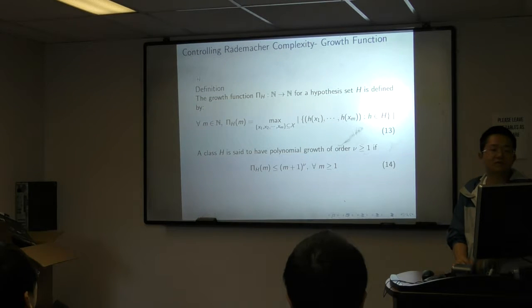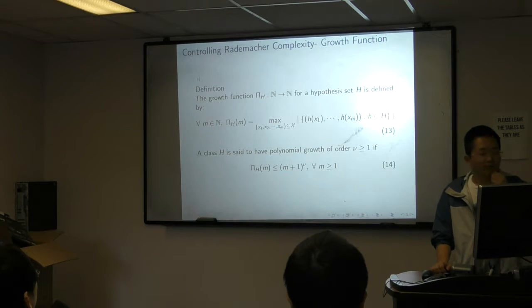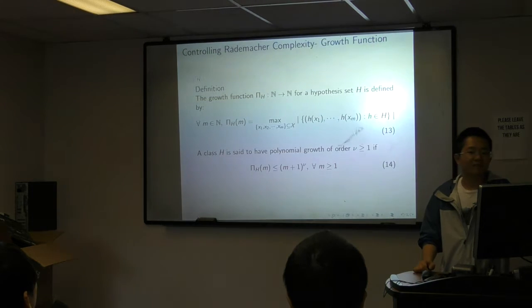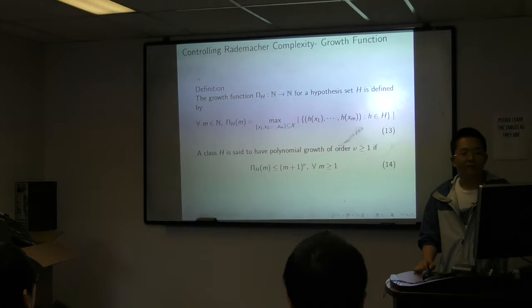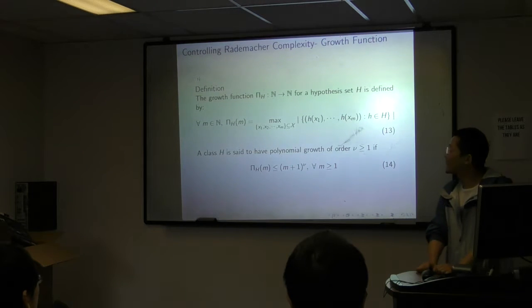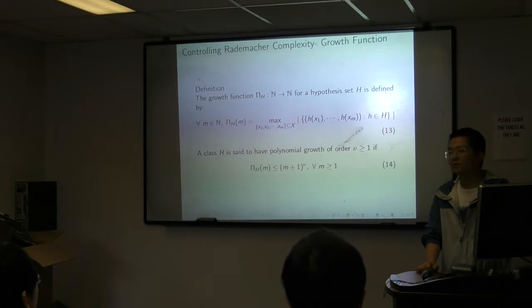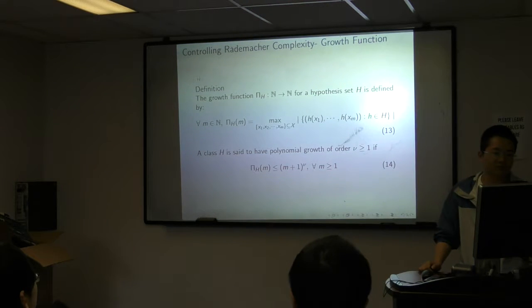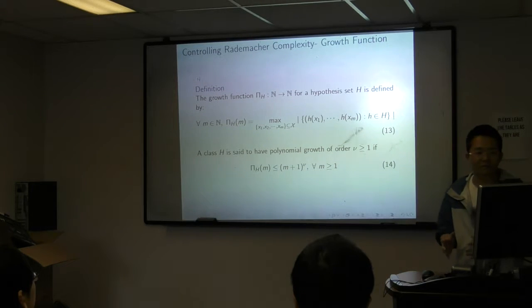The growth function is defined for a hypothesis set H, where a function maps from one set to another. Remember the hypothesis set H is infinite, so we extend our idea from finite sets to infinite sets. So we introduce the growth function to control the Rademacher complexity.